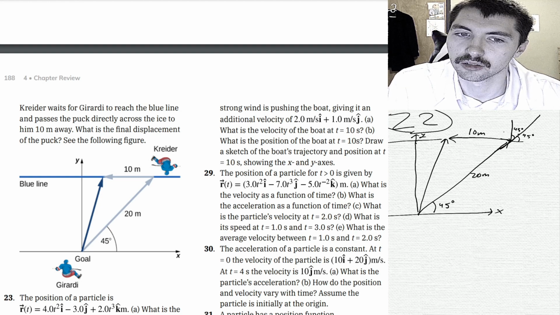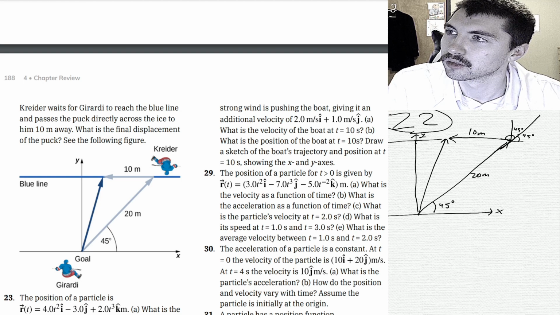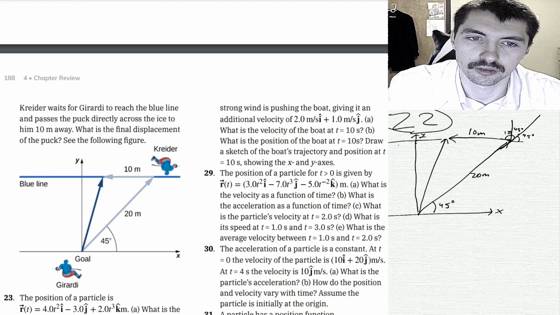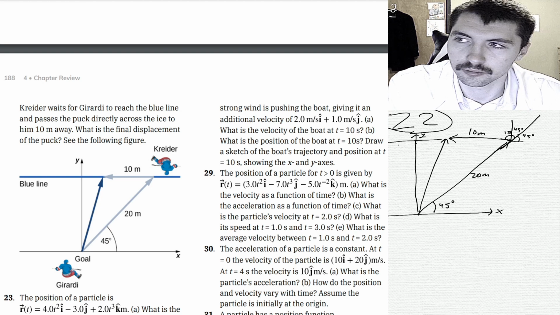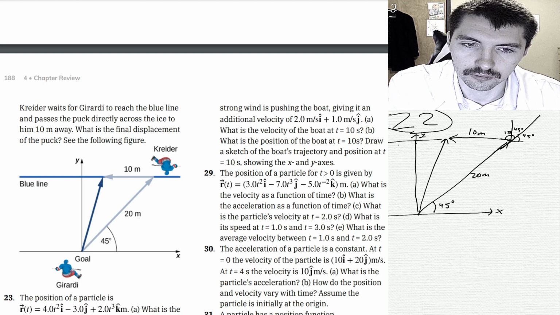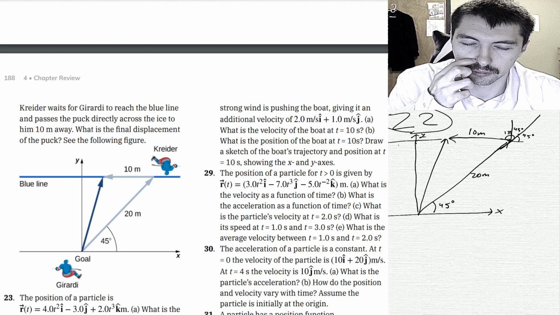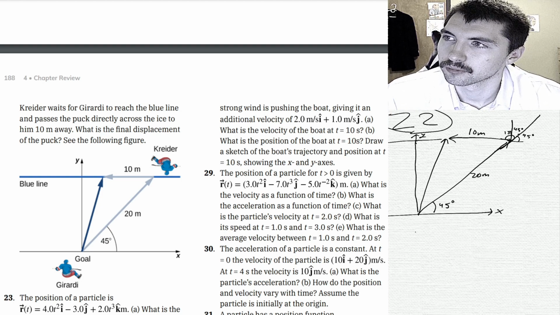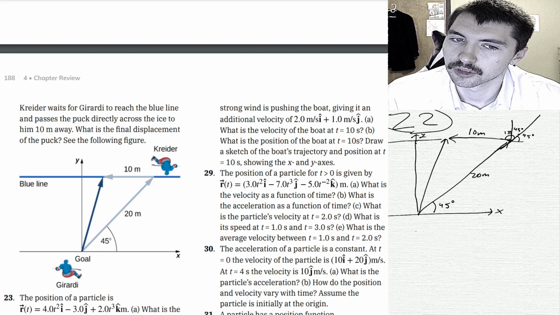So this total would be 90 plus 45, 135. I don't know if that's relevant here. Okay. So we need to find this position.